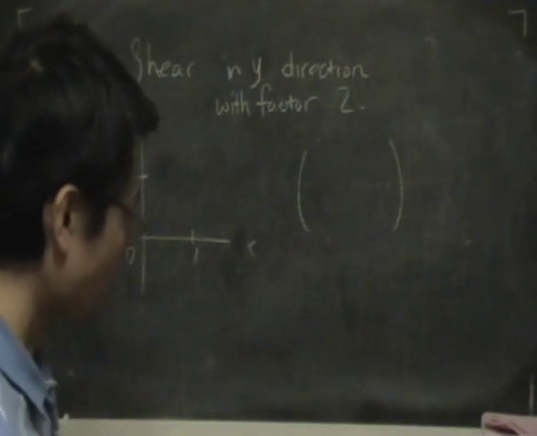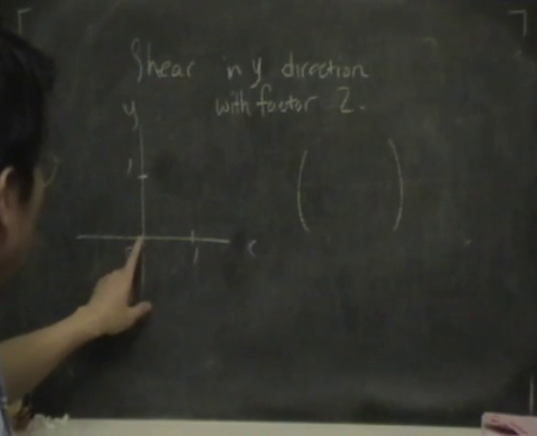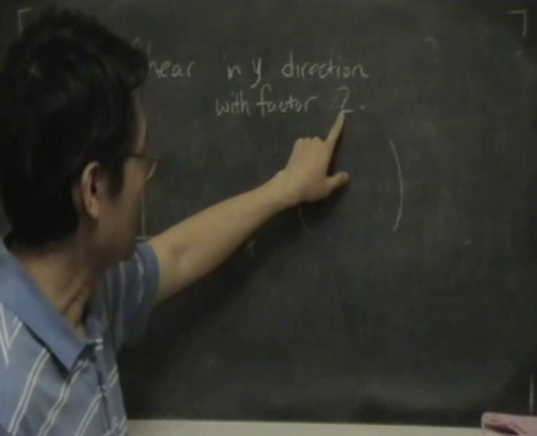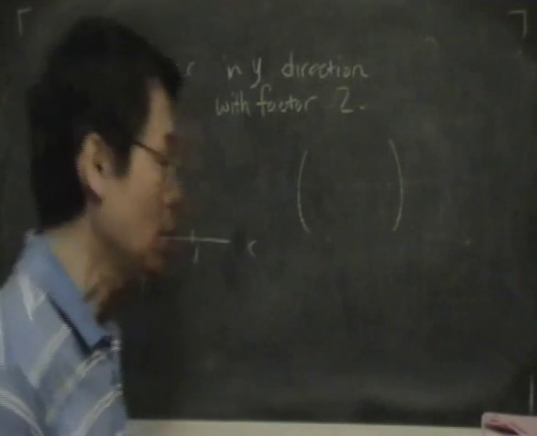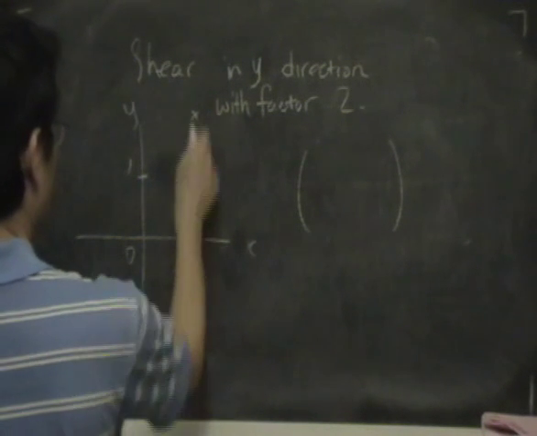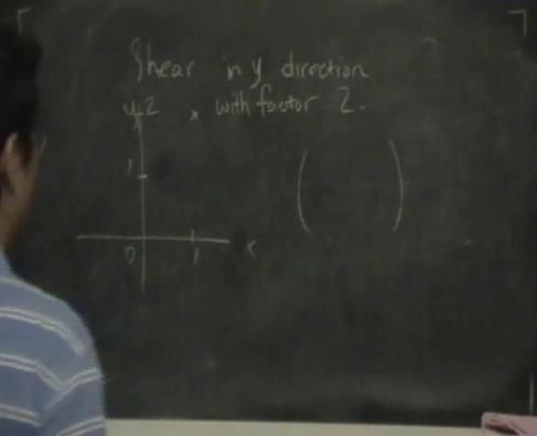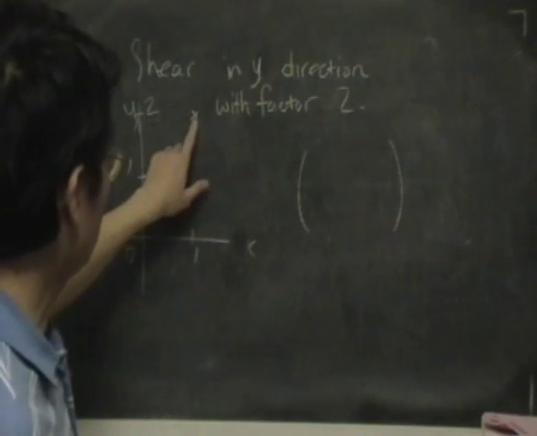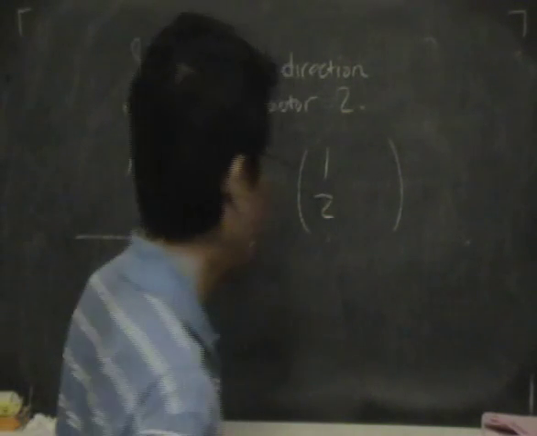How far does it move? The distance of this point from the y-axis is 1, and 1 times the shear factor 2 is 2. So this point moves by a distance of 2, so its y value would be 2. Therefore, the first column is the position of this point, which is (1, 2).